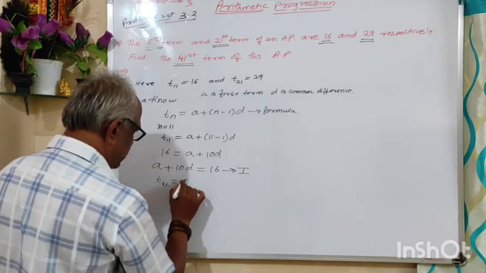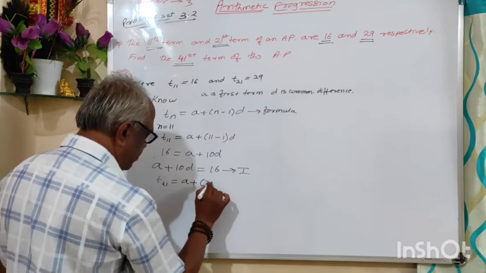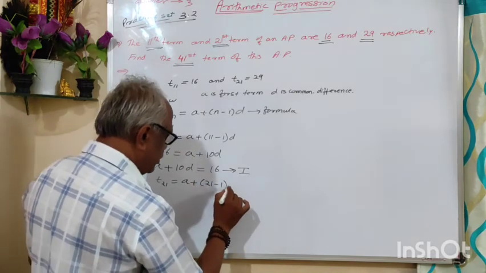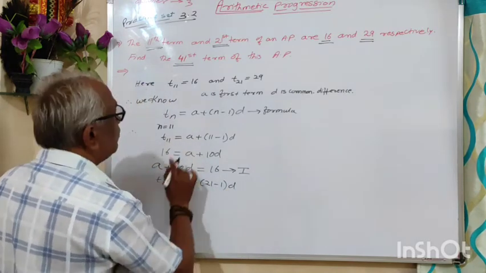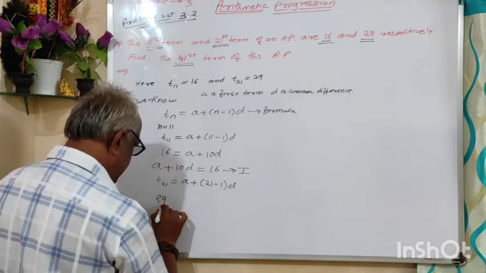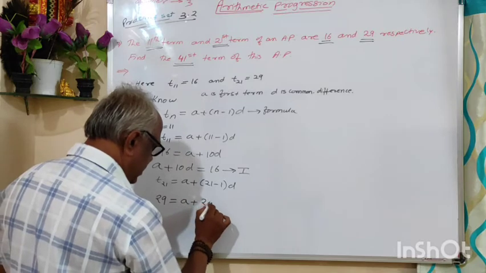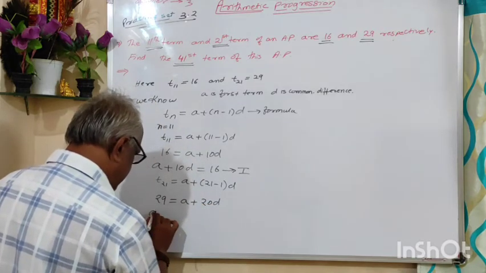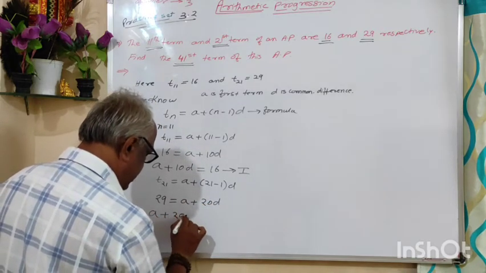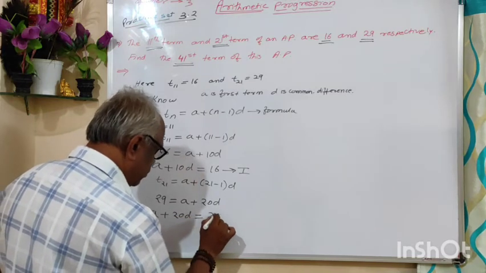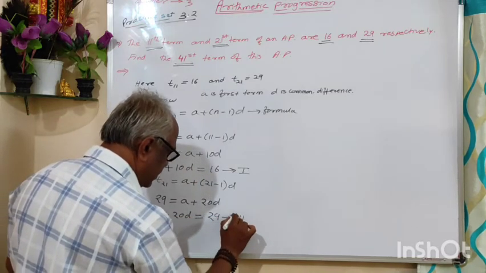T21 is equal to A plus in bracket 21 minus 1 into D. So T21, that is 29, is equal to A plus 20D. The same equation: A plus 20D is equal to 29. This is equation number 2.